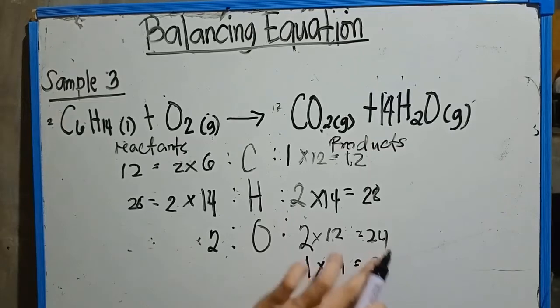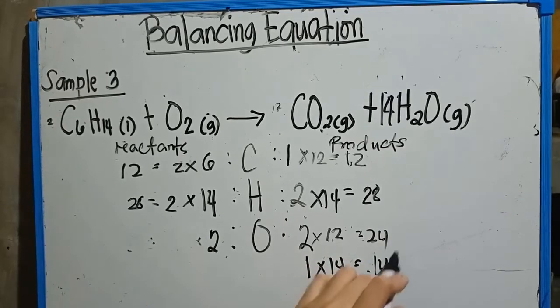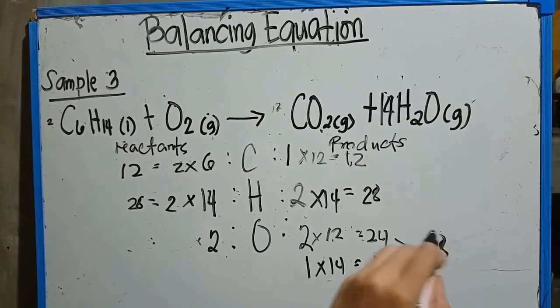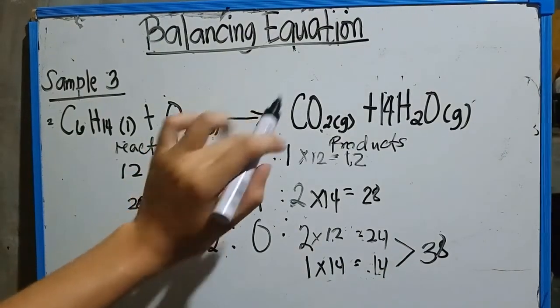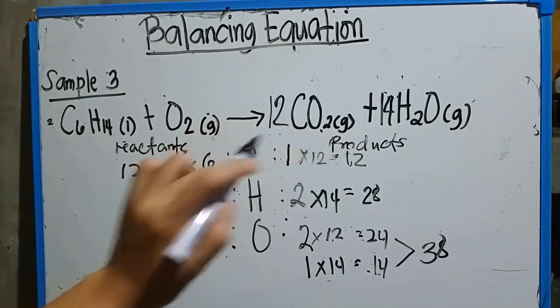So, 1 times 14. It becomes 38. Or, 14. So, i-add na to ng duha. We have 24 plus 14. So, 4 plus 4, 8. So, 1 plus 2, 38. So, which means, sa tama, ito atong gigamit na coefficient.